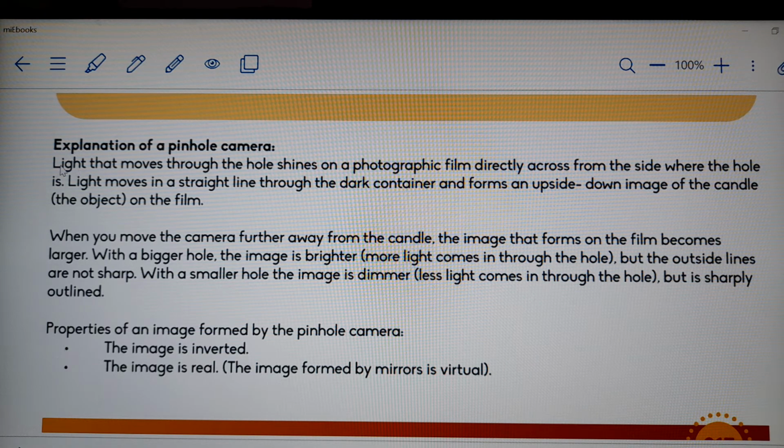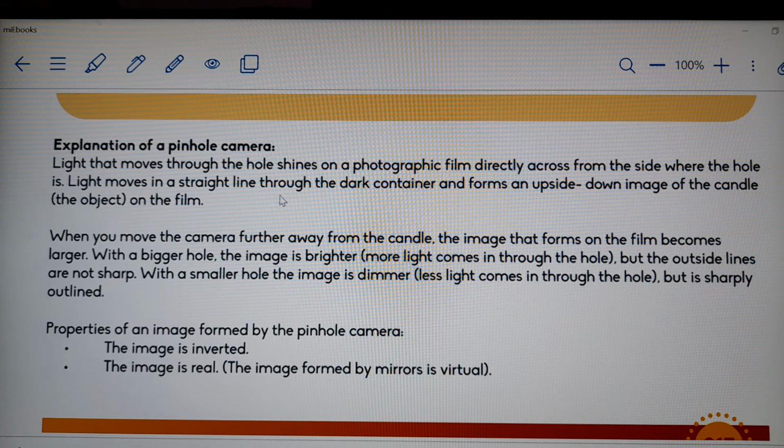And they say that, explaining what we have just watched, light that moves through the pinhole shines on a photographic film, which is the wax paper that we have put. It shines on a photographic film direct across from the side where the hole is.